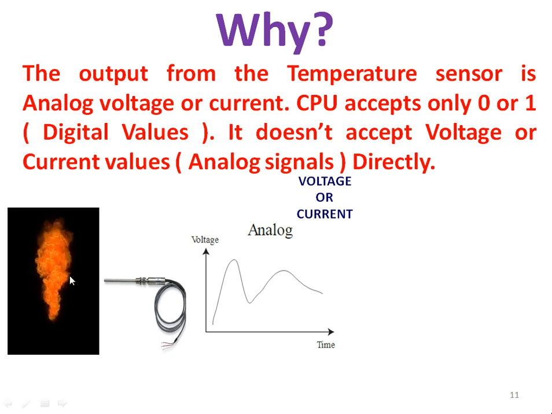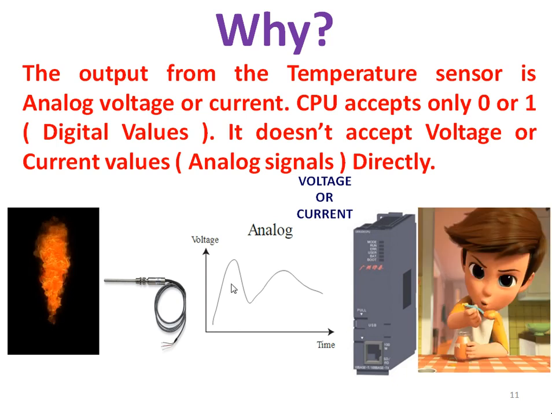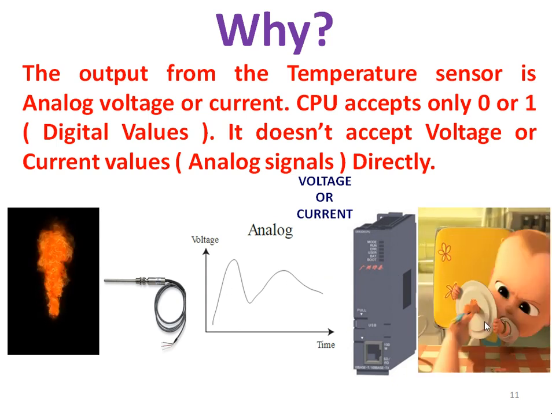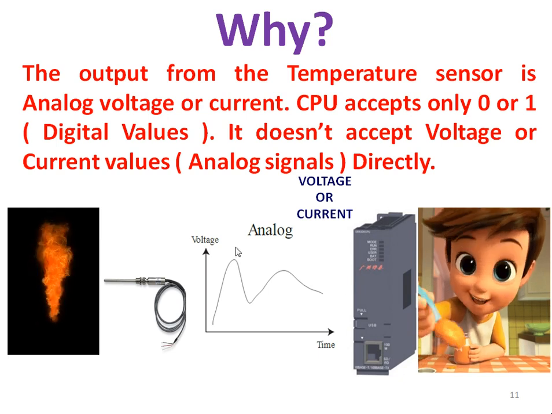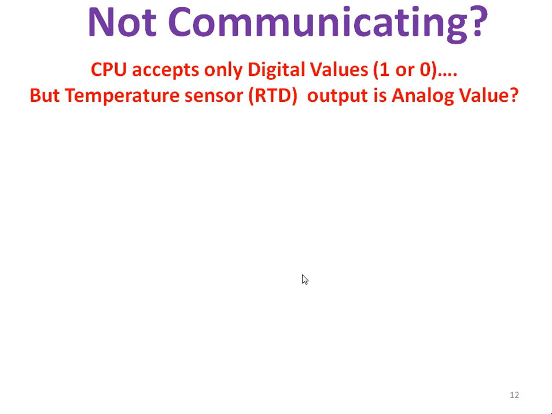Based on the temperature, your temperature sensor produces a voltage signal or current signal. When you directly give this signal to your CPU, it won't accept it. So they are not communicating.